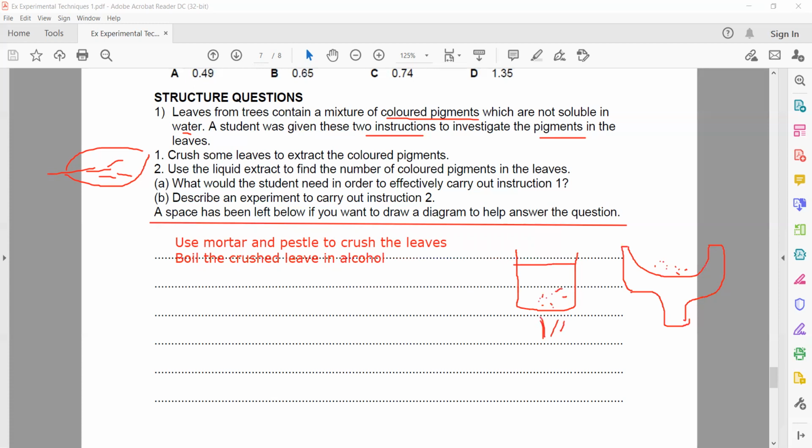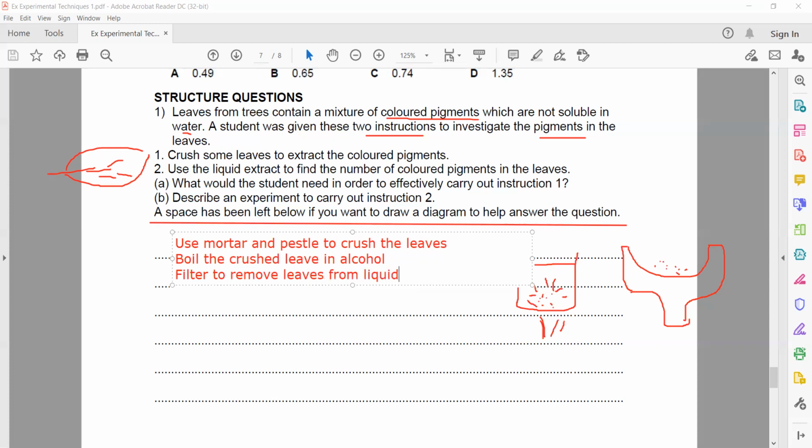When we boil, the color is removed from the leaves, and then we can filter to remove the solid particles or remaining leaf. What we are left with now is a liquid extract, the color.